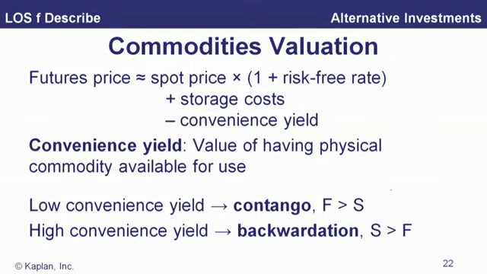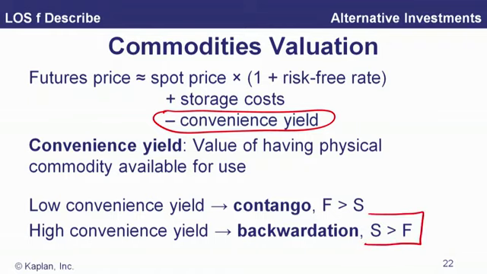And by the same token, with a high convenience yield, we could have backwardation, where in fact the futures price is less than the spot price, and that would be because we had a big minus here. So if the value of having the physical commodity available for use is very high, we could have this situation of backwardation: spot greater than the futures price.